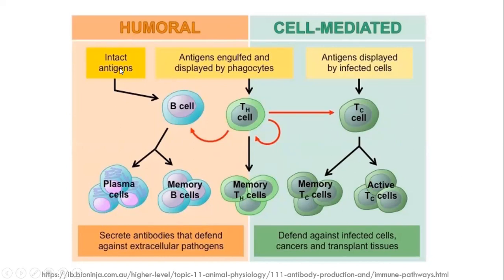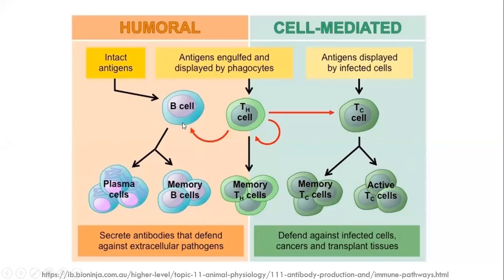A B cell can recognize an intact antigen, or antigens are specifically presented through APCs to the T helper cell, and the TH cell can send the response signal to the B cell, either through humoral, or it can send the signal to the T cell through cell mediated cell to cell interaction, where they can activate a specific mechanism that gives rise to more and more production of antibodies, which we will see how they are produced.